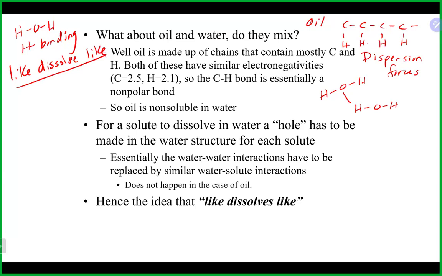So if you put two things together that hydrogen bond, they both hydrogen bond, you're good to go. If you put things together that both use dipoles, you're good to go. But if you try to do what we've been talking about here with oil and water, where one is using hydrogen bonding and the other is using dispersion forces, you're going to run into a really big problem.